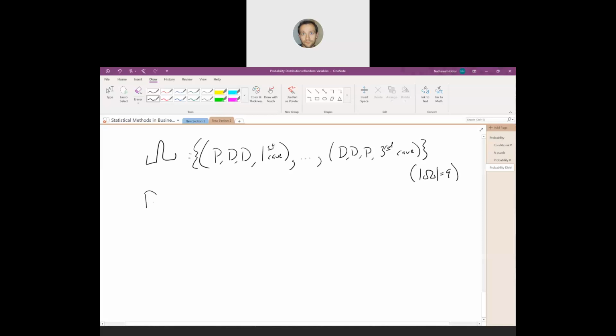All right, and then these also have some probability of happening. And what's the probability of any of them happening? I guess a 1 in 9 chance. All right, great. Okay, so this is a probability space, right?